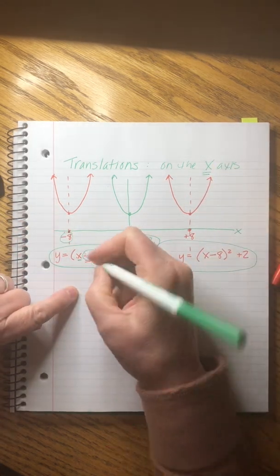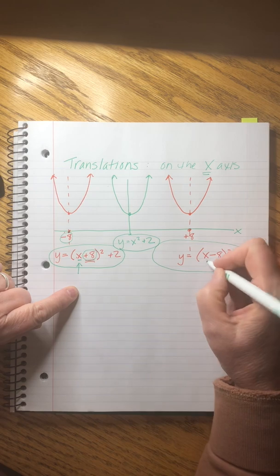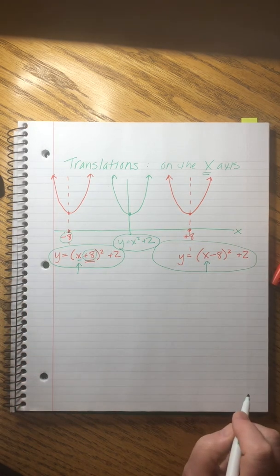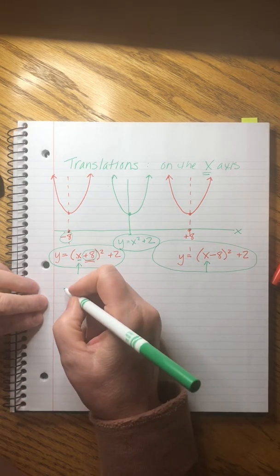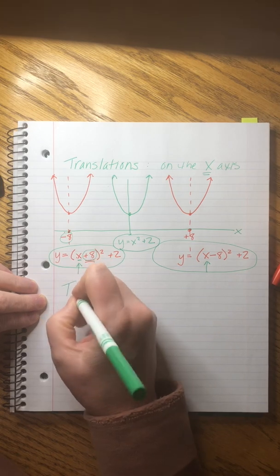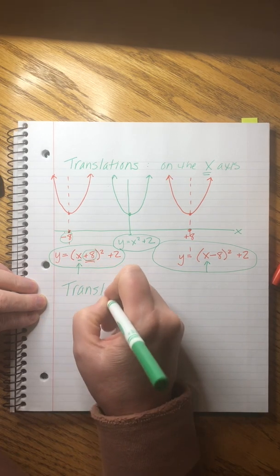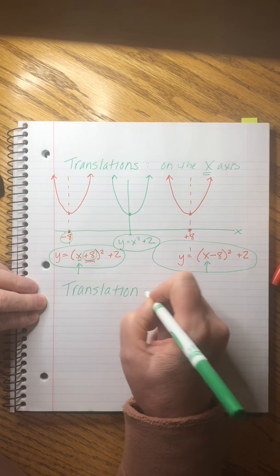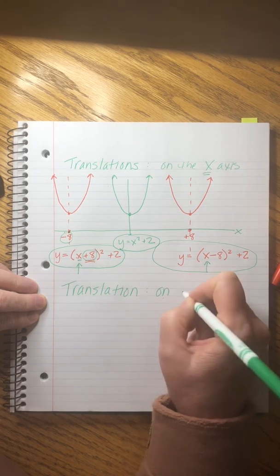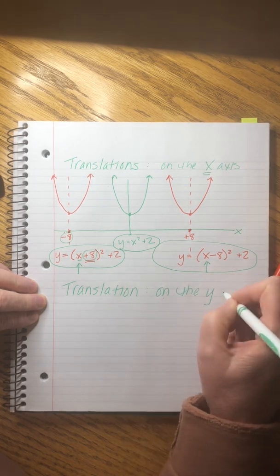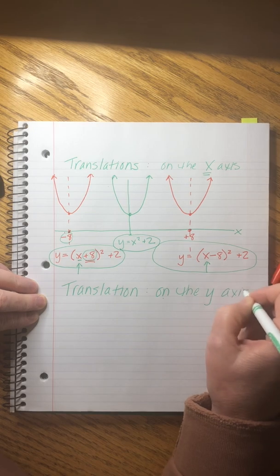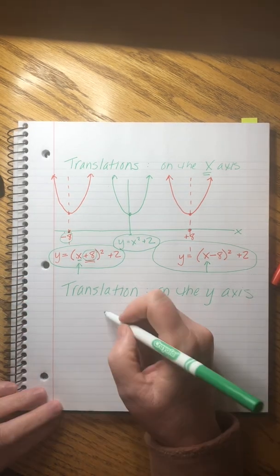So we're making the change to the x value. Let's contrast that with a translation on the y-axis, and that is going to look a little different.